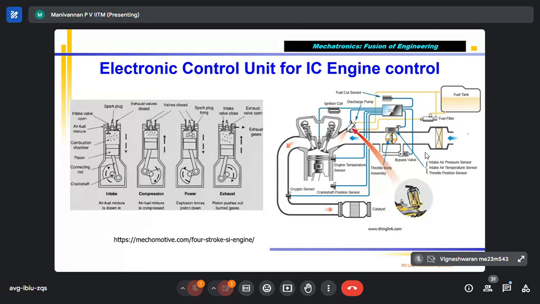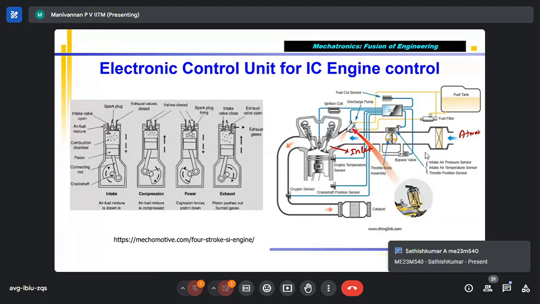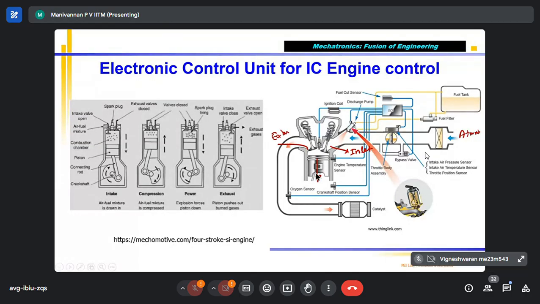So this is the atmosphere, and this is the inlet port. This is the exhaust port. When the piston goes down during the suction stroke, a vacuum is created in this area.